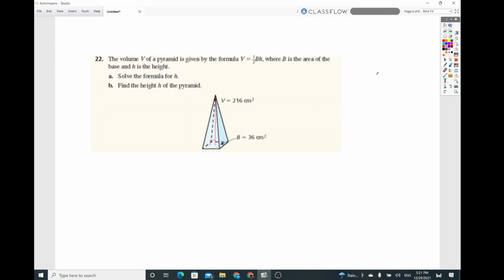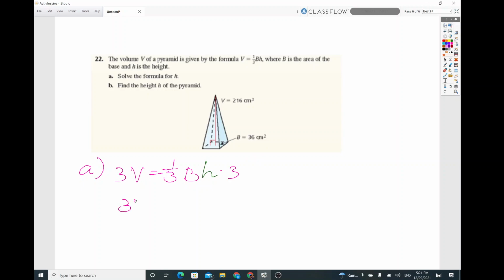Okay? So one thing at a time. Start with V equals 1/3 times B times H, because we want to solve for H. That's why I'm going to write it with a different color. First, you want to get rid of that 1/3, so multiply both sides by 3.